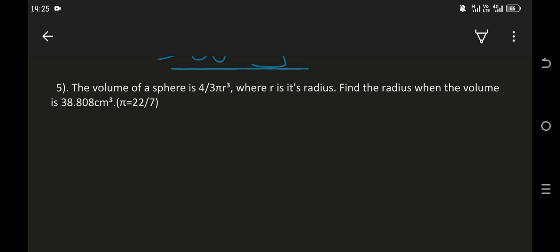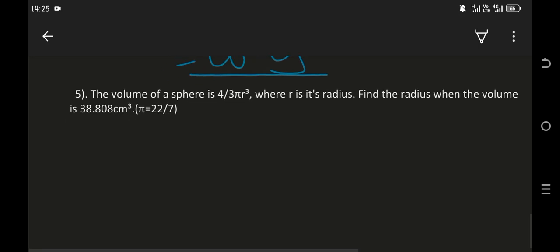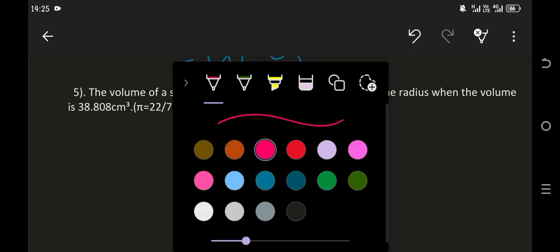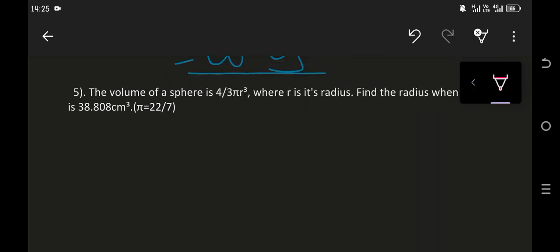Pi is 22 over 7. So here we are being told that volume is equal to 4 over 3 pi r cubed.